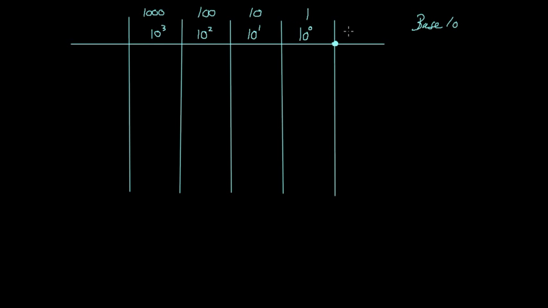And this works when we go right as well. So the tenths column is actually the base to the power minus 1, because anything to the power minus 1 is 1 divided by it.